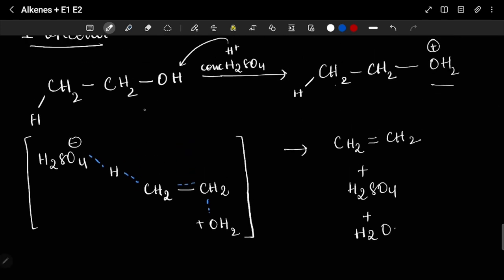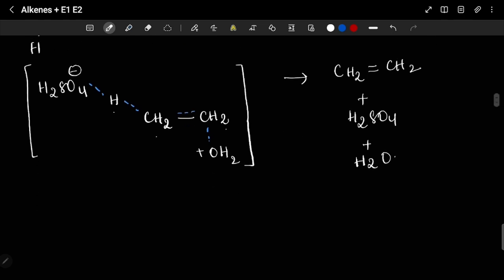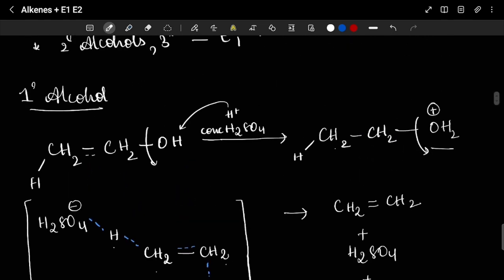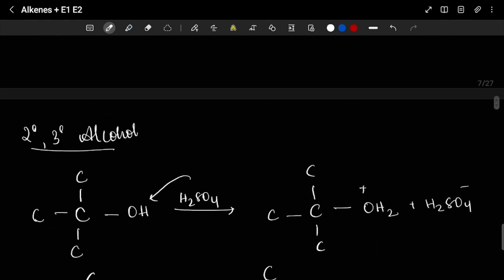This H2SO4 molecule has lost H plus, so HSO4 minus will be present, along with CH2 CH2 and OH2 plus, which is going to come out now. The OH2 is released, and then a double bond is formed, CH2 double bond CH2, and H2SO4 and H2O are there in solution. So in the case of primary alcohols, it is an E2 mechanism, a single step mechanism.